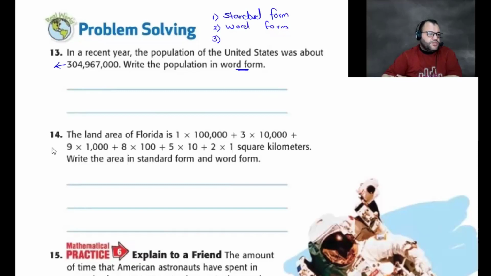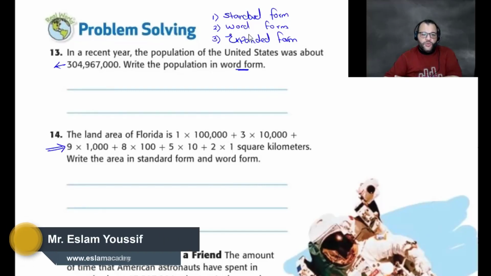And the last one is expanded form. So we have 3 forms to write the number: standard form, word form, and expanded form.